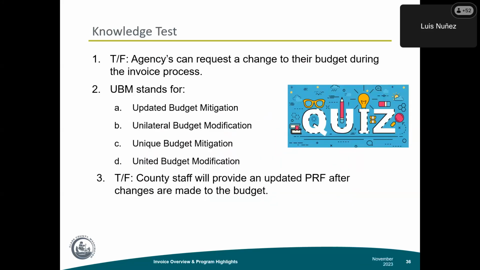First question, true or false, agencies can request a change to their budget during the invoice process. Second question, multiple choice. UBM stands for Updated Budget Mitigation, Unilateral Budget Modification, Unique Budget Mitigation, or United Budget Modification. And last question, true or false, county staff will provide an updated PRF after changes are made to the budget.